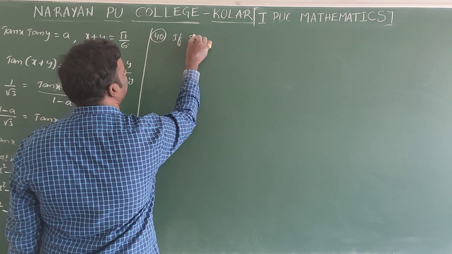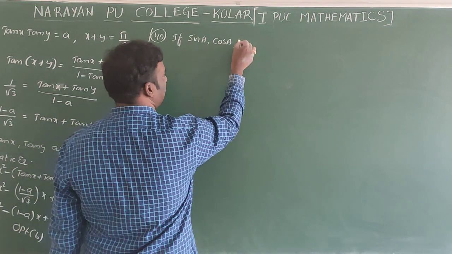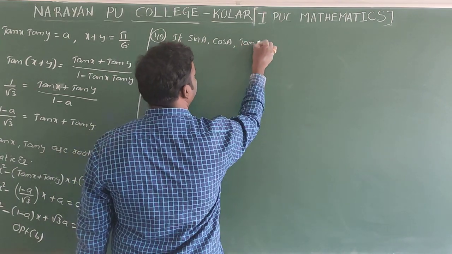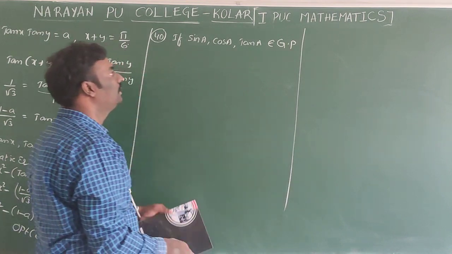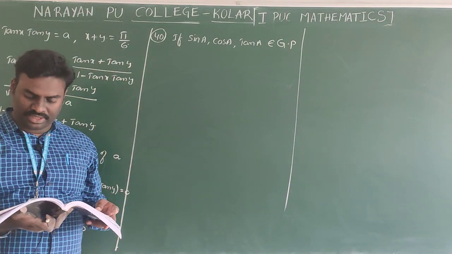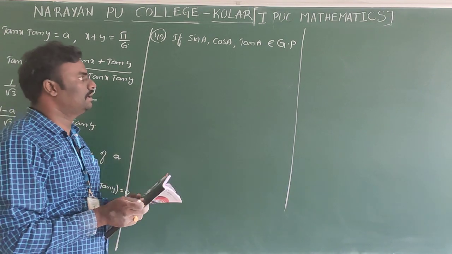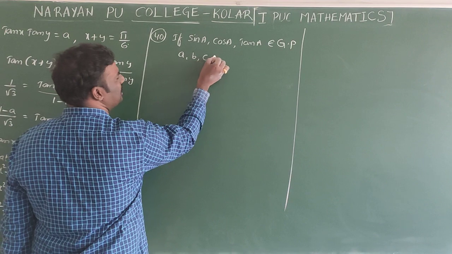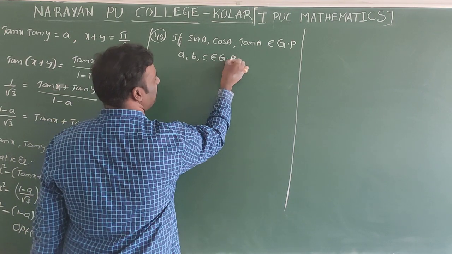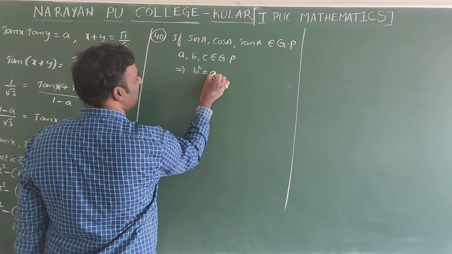If sin A, cos A, tan A belong to GP, geometric progression, then we need to find the value of cos cube A plus cos square A. Okay. Here, if A, B, C belong to GP, that implies the condition is B square is equal to AC.